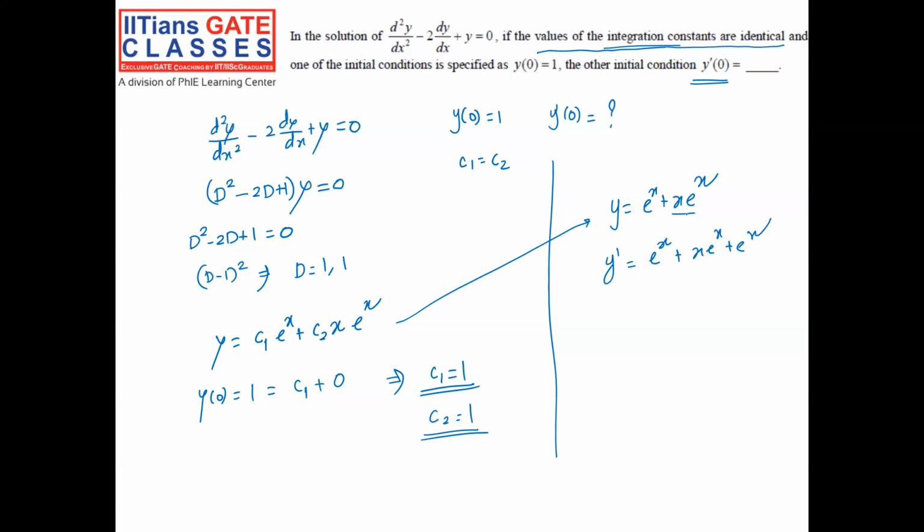Here I'm using the multiplication rule of derivative, u into v differentiation. So y dash of 0, when you put x equal to 0, you'll get 1 plus 0 plus 1, hence you'll get 2. So option 2 is correct in this case. Sorry, the options are not here, we have to type the answer, so you should type 2.